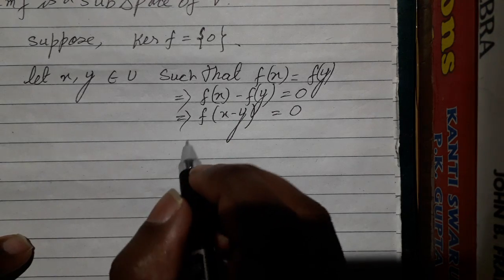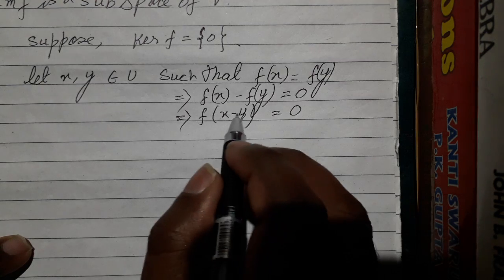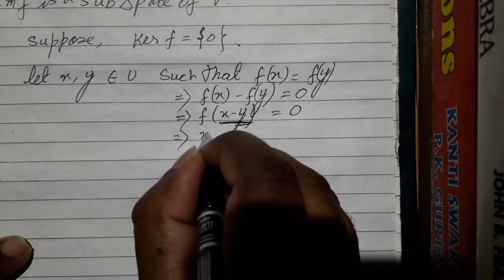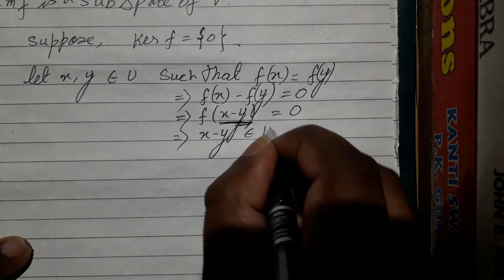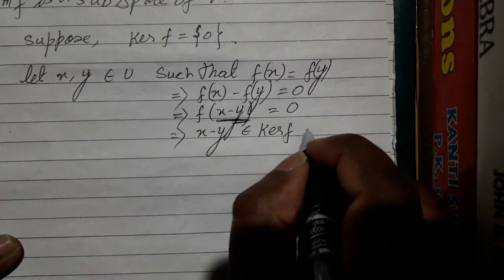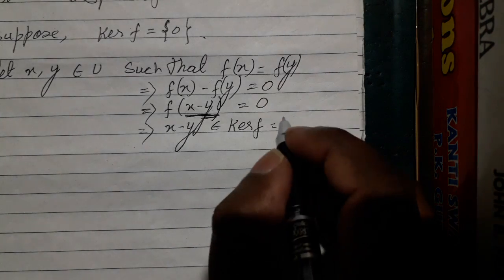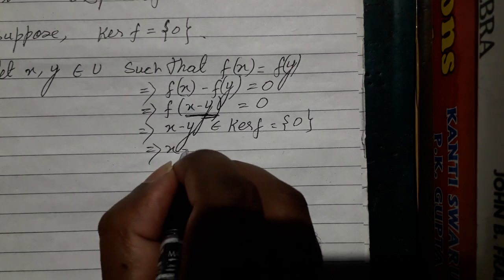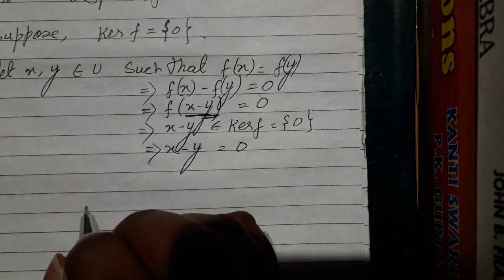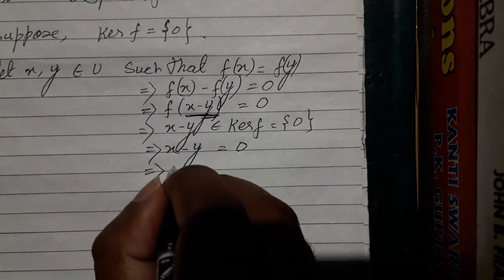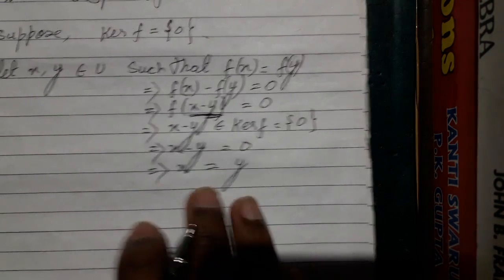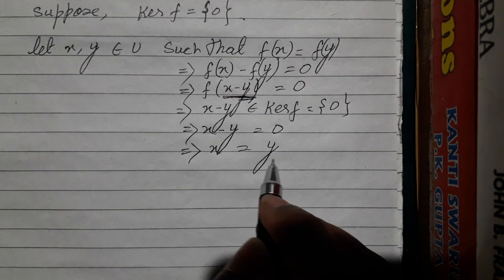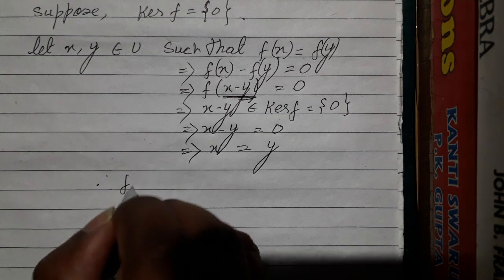By definition of kernel, x minus y belongs to kernel f, and kernel f consists of only the element 0. So x minus y equals 0, so x equals y. We have shown that if f of x equals f of y, then x equals y, therefore f is one-one.